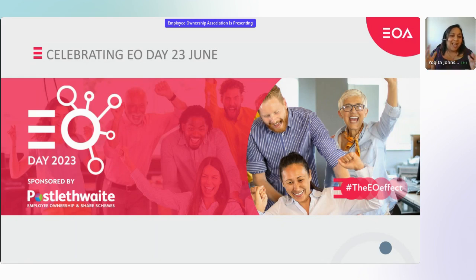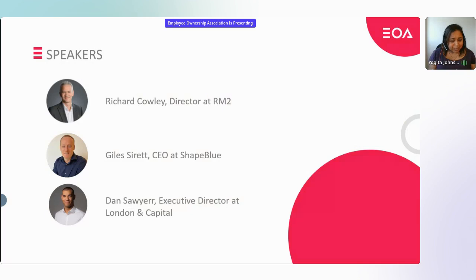So I'd like to now move us on to our session for today. As I mentioned, we've got 3 speakers. We will be hearing from Richard Cowley, who's Director at RM2. RM2 is a specialist employee share scheme and employee ownership trust advisor. And Richard will be talking about the technical considerations in becoming employee owned today. We'll then hear from Giles Sirett, who is CEO at ShapeBlue.